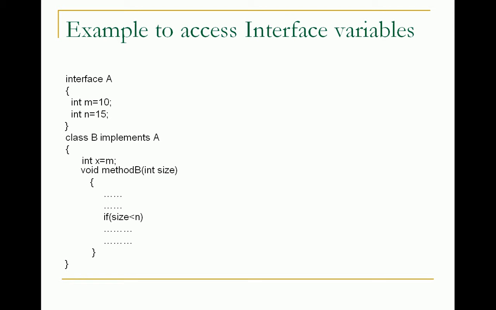To this variable x we can assign the value of the interface variable m, and we have a method void method b in the class B. In that method we have used the interface variable n by checking it with size, which is the variable of the method. So by this we can access interface variables.